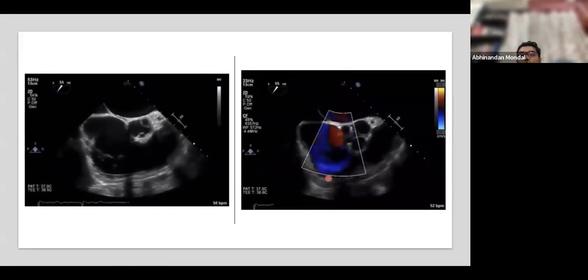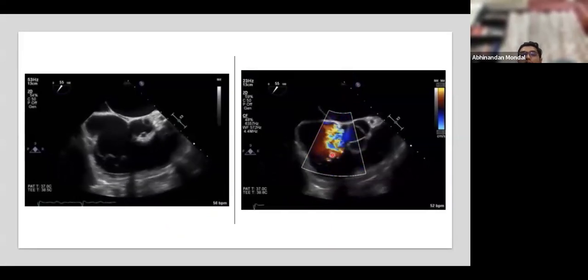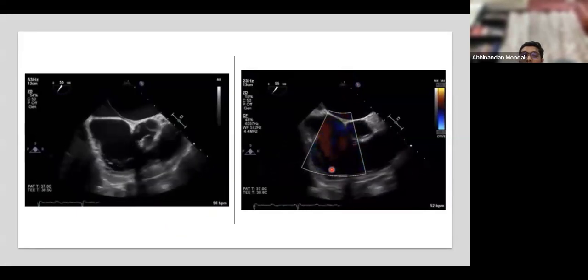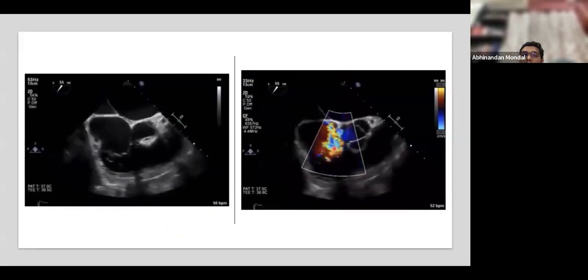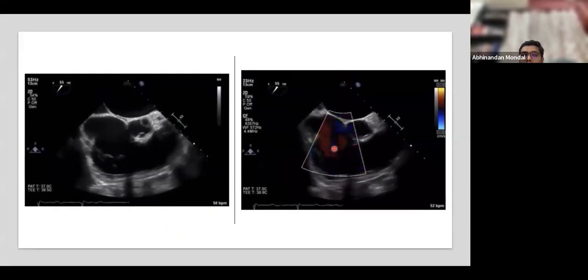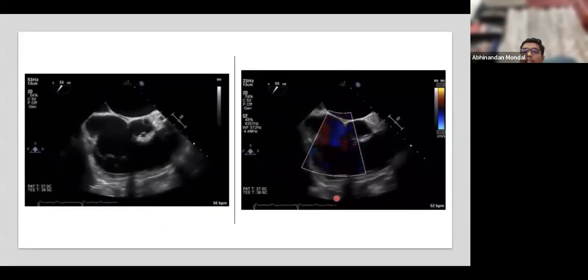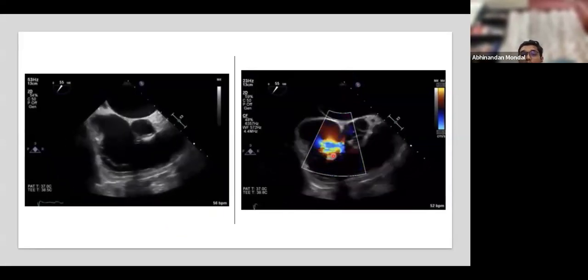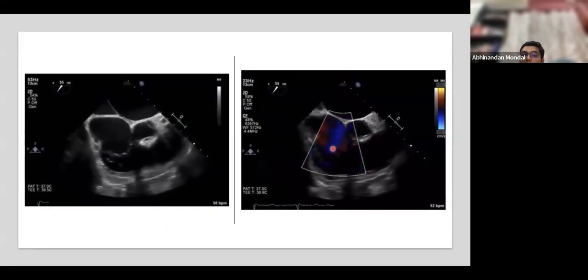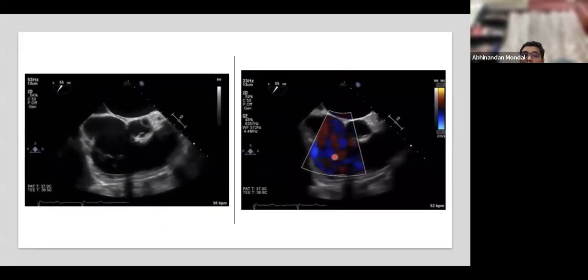But always remember, like the commissural view, this view is not good for your vena contracta examination. Actually, it cuts through multiple coaptation planes, so it will overestimate your TR. So do not examine your vena contracta over this image.